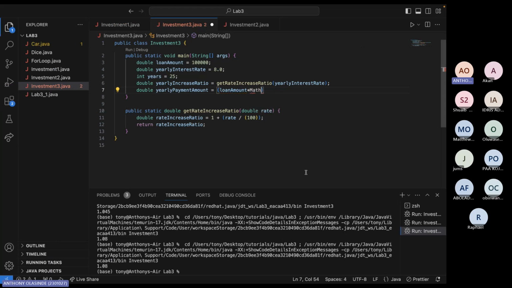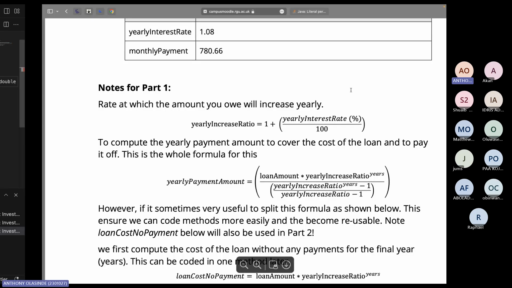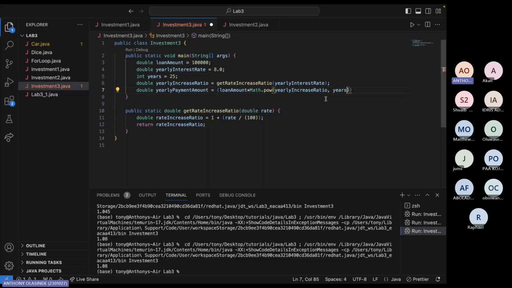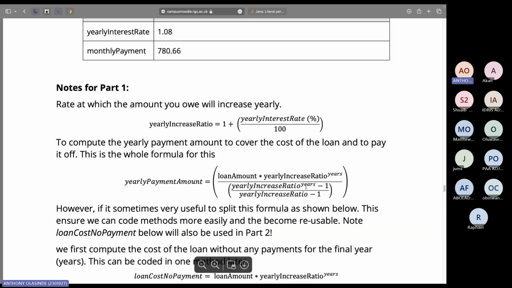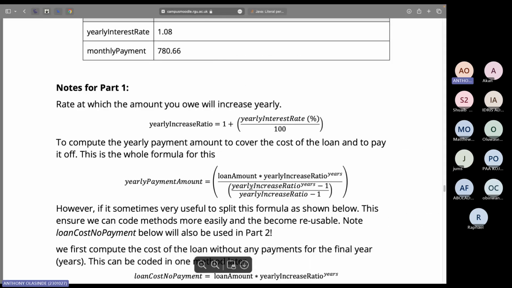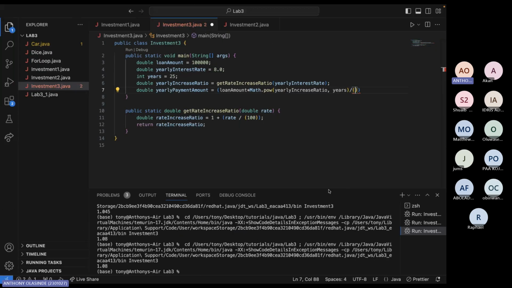So Math.pow, the first one is yearly increase ratio, the second one is years. Then divide by, we are dividing everything here by a bigger bracket. Then this minus this. Also there is a small bracket here that is catching this and this, so we need a small bracket.